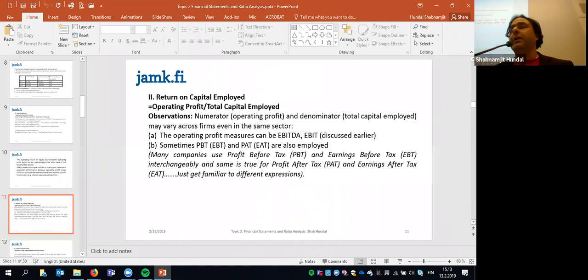Net operating profit is also called earnings before interest and tax, or, like you just saw in the context of BP, British Petroleum, they prefer to use the word profit rather than earnings, so PBIT. So the numerator remains the same, but there is a small change in the denominator: instead of only equity, they use total capital employed. How many types of capital do we employ?